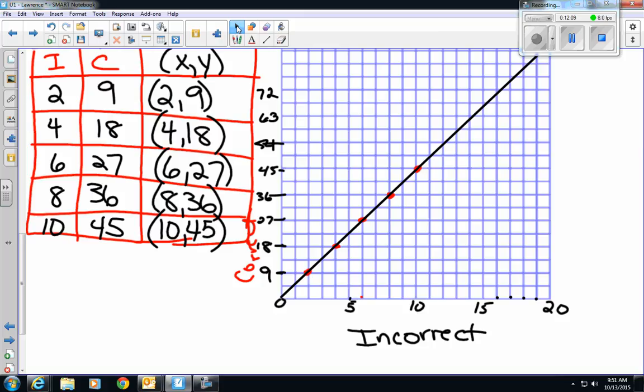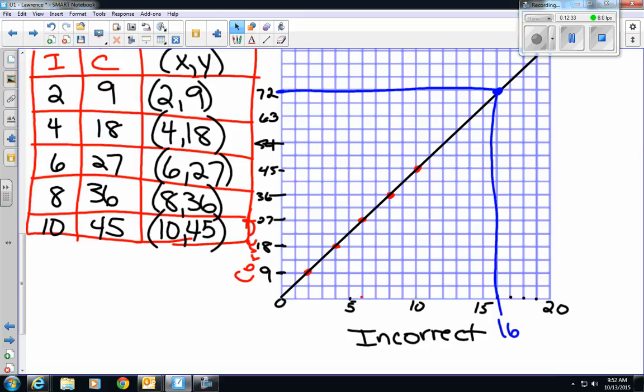If I said, if she had 72 questions correct, how many did she have incorrect? You can follow it over and follow it down, and the answer would be 16. So you could use the graph.